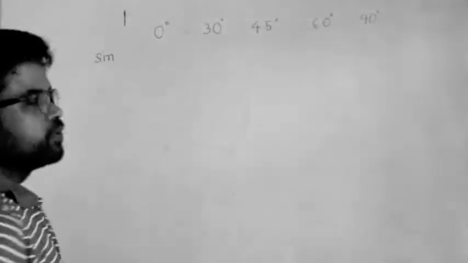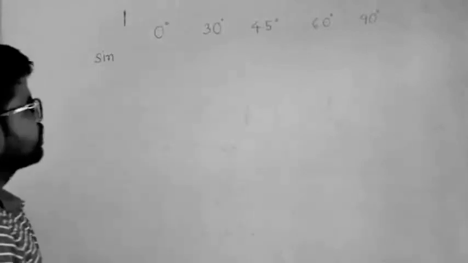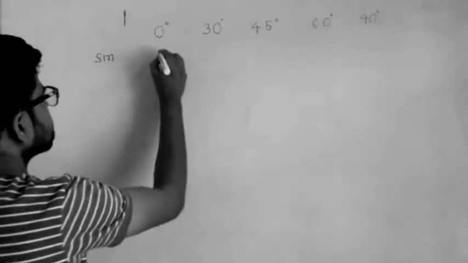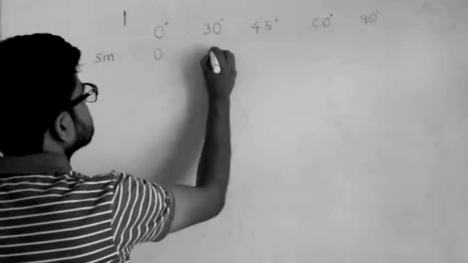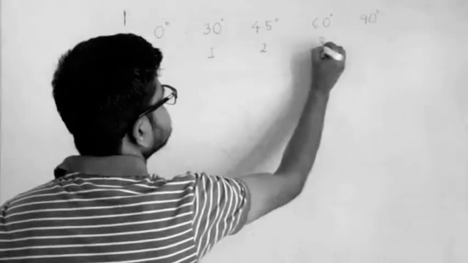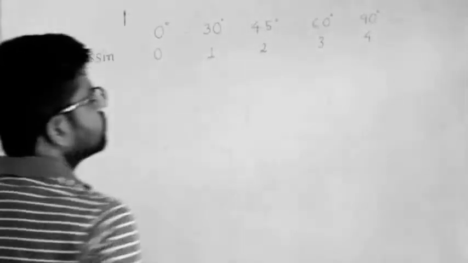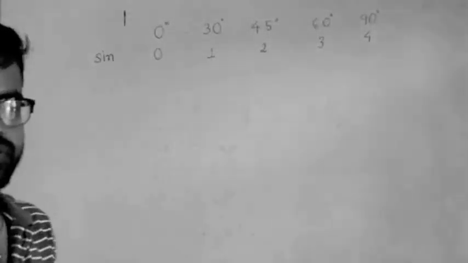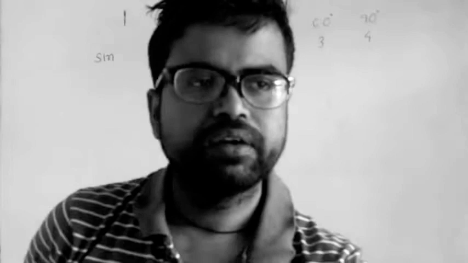For finding out the value of sine, what we'll do, we'll write 0, 1, 2, 3 and 4. Next, we'll divide this by 4.